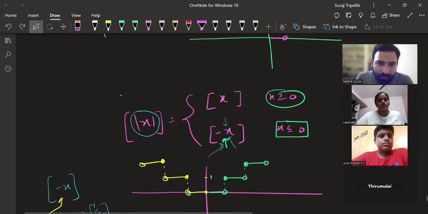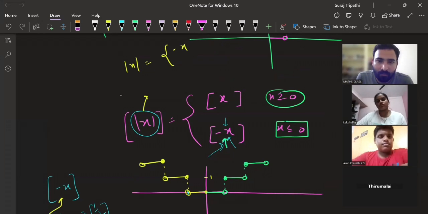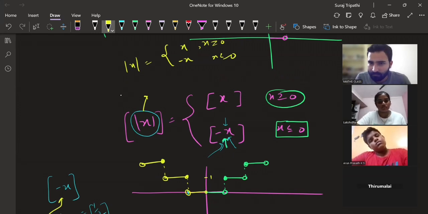Here I'm writing mod. So mod x can be opened with minus x or plus x, when x is positive or when x is negative. This is correct. Now we are putting box on this x.